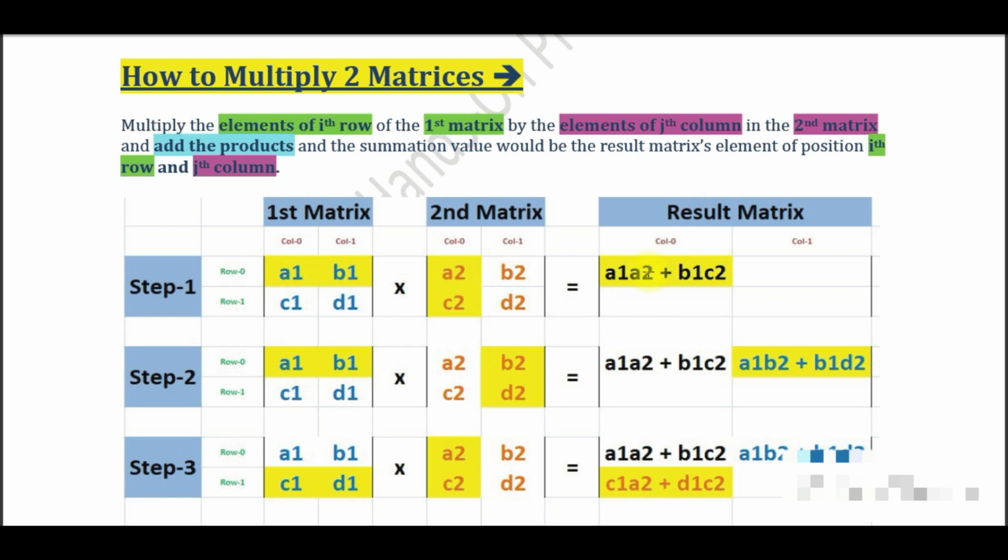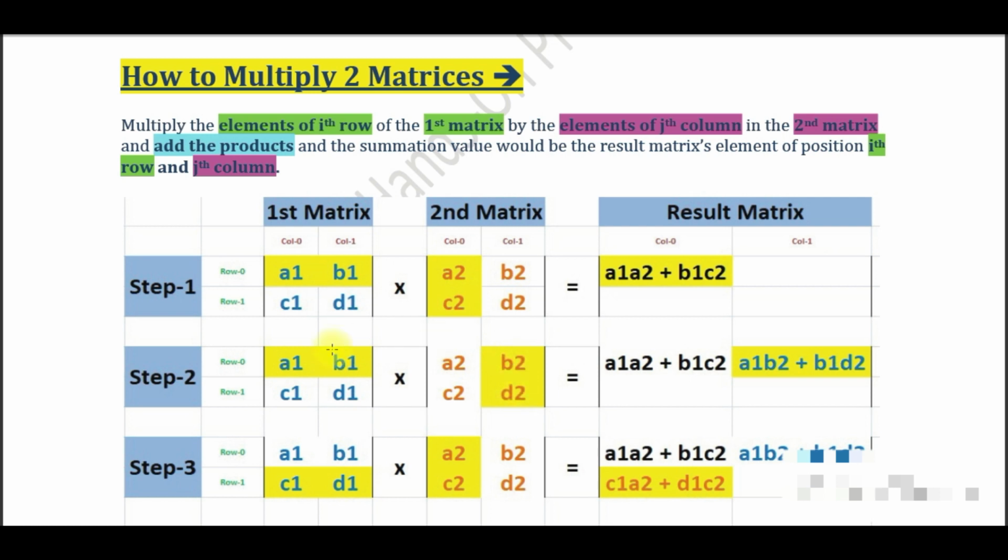Okay, now to get the second one, column 1 of row 0, so 0 1, this is basically the 0 1 position. So this is my second step, where row 0, or i is equal to 0, j is equal to 1, that is column 1. So in the second step we calculate for this position, row 0 and column 1. This is my row 0 and this is my column 1.